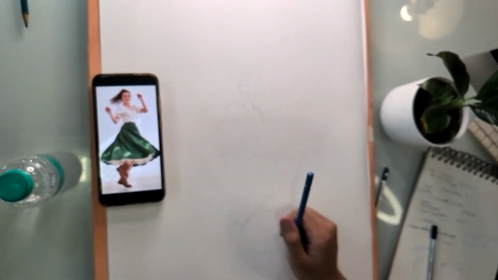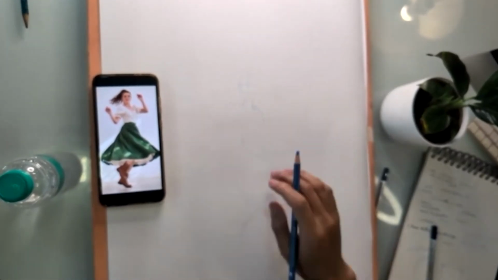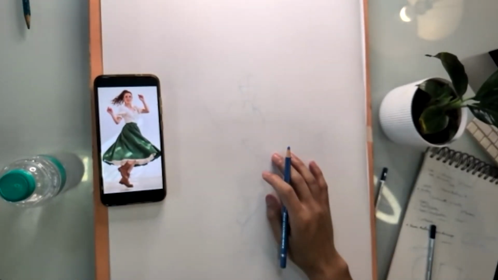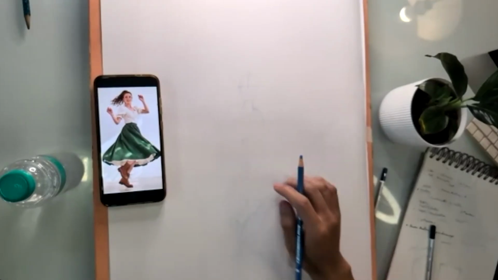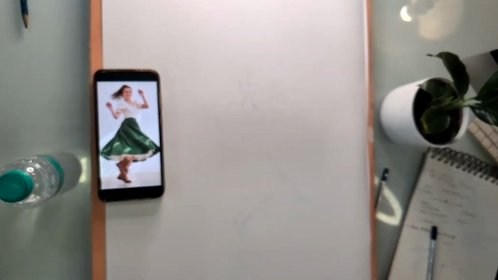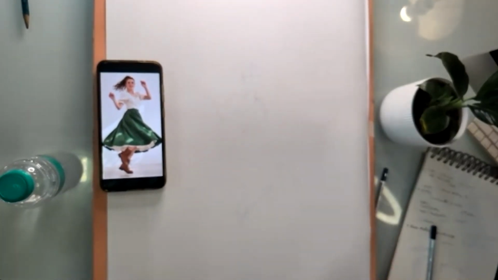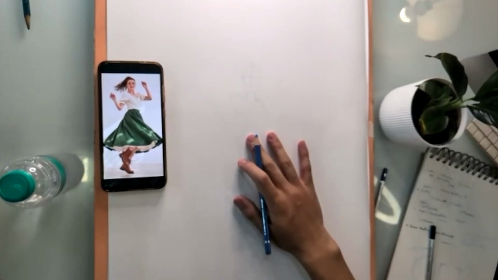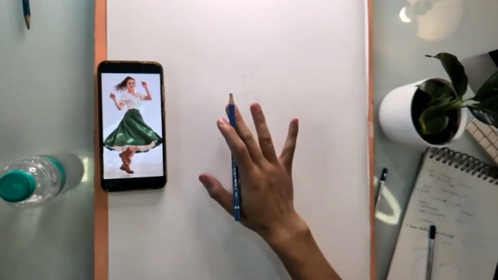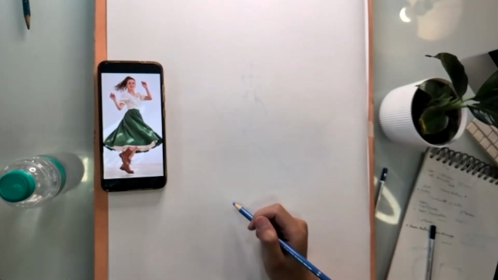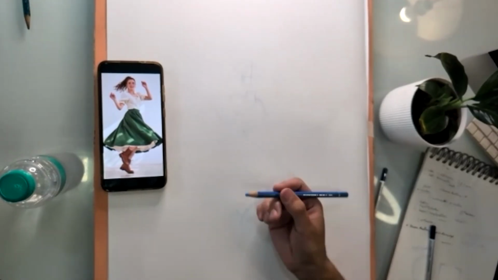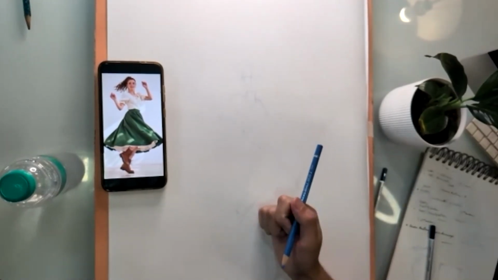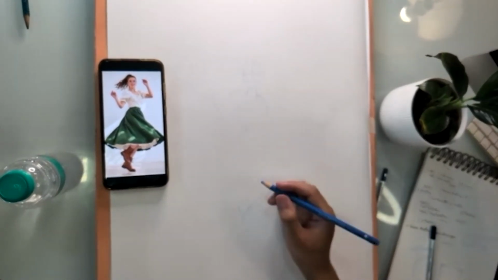A little bit of blur is coming. Focus. Still blur. Focus. Is it okay now? Yes, sir. Okay.